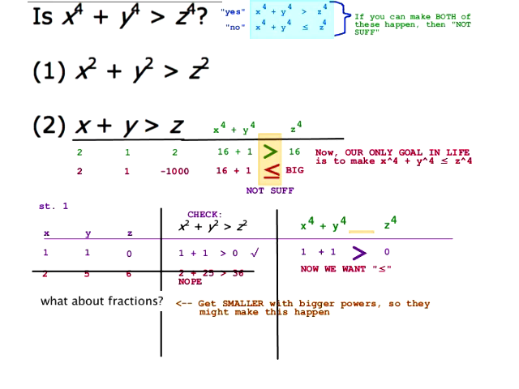So the goal here is that we want this to be barely bigger, in the hope that this will become the other way around when we do it with fractions.